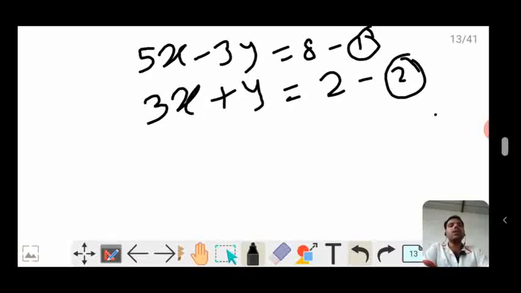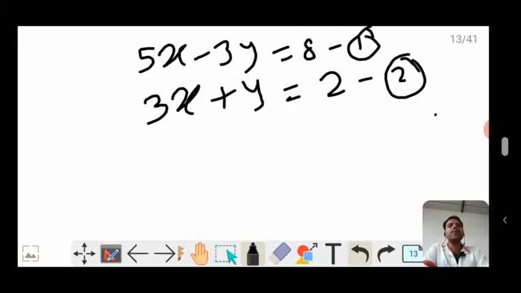So here it is easy to write y in the second equation in terms of x, and we put this value of y into the first equation to get the equation in terms of the variable x. So we can easily solve that equation to obtain the value of x, and after getting the value of x we put it into our next equation, where we wrote y in terms of x. So by putting the value of x we can get the value of y.